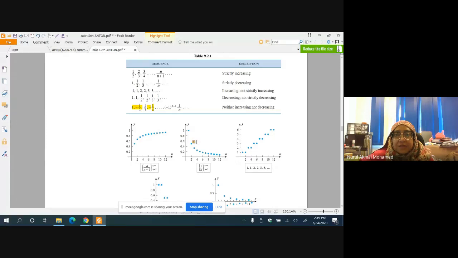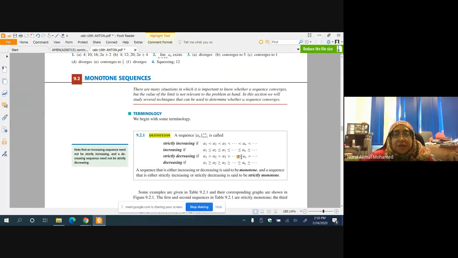And then we have the third one: 1, 1, 2, 2, 3, 3. The first one is equal to the second one, the third one is equal to the fourth one. So it means that this is increasing and not strictly increasing. It is increasing, but it is not strict, because for increasing you can have the equality sign.